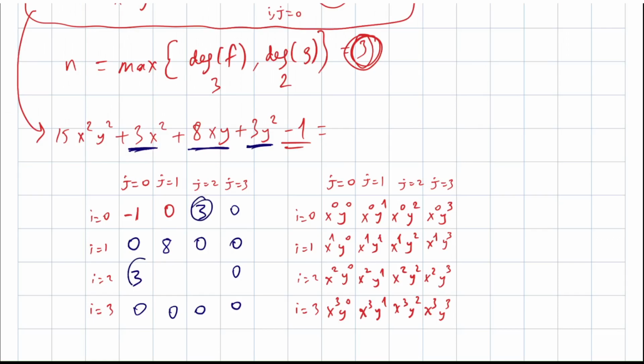Here, great. And x squared y is again 0, and again it's symmetric. Great. And look at this, x squared y squared, and yes, here it's 15.